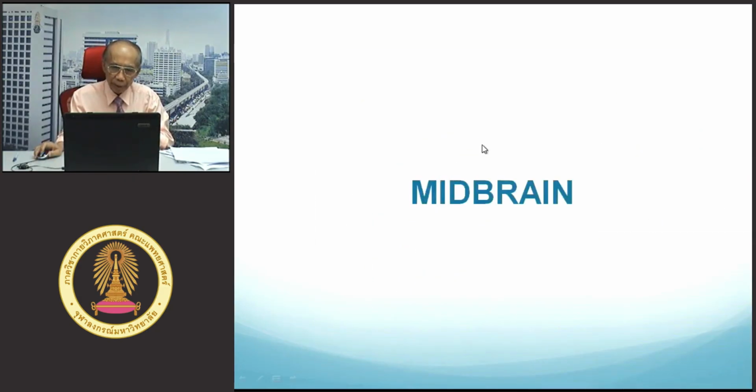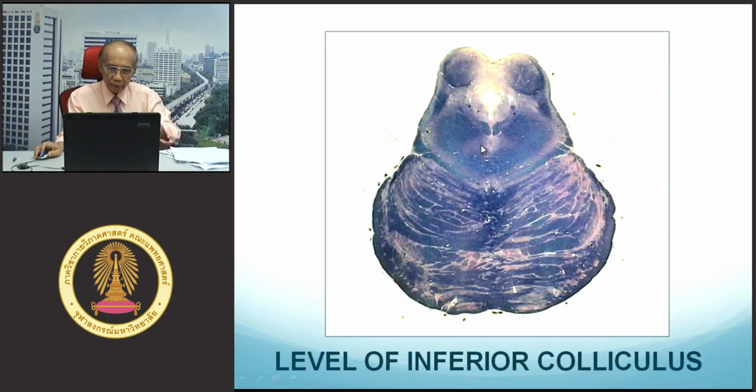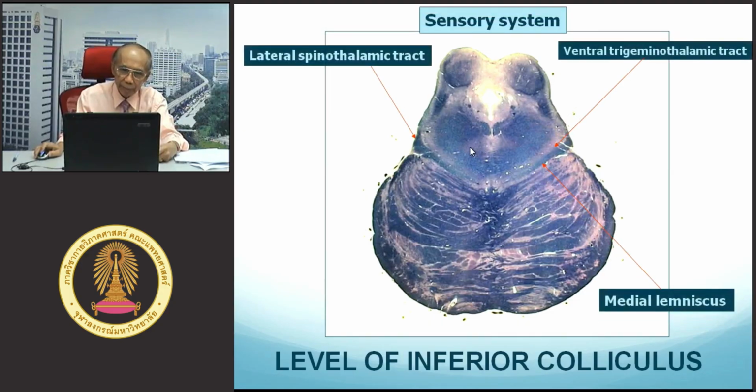We go to the midbrain, at the level of inferior colliculus. Number 1, the sensory system includes here lateral spinothalamic tract, medial lemniscus, and the ventral trigeminothalamic tract.